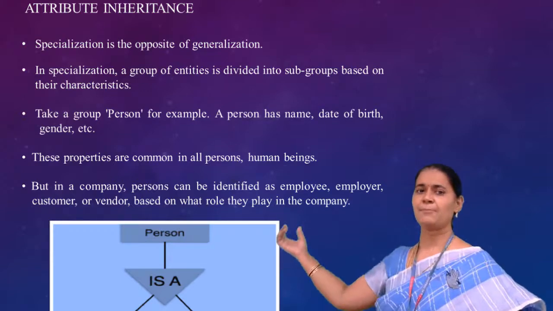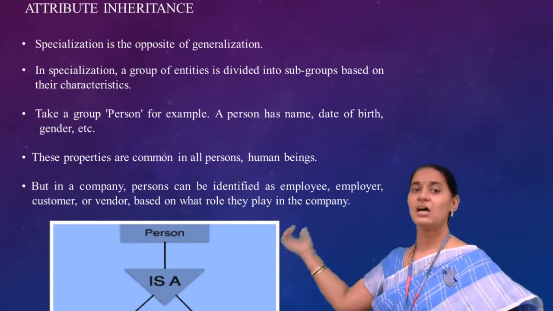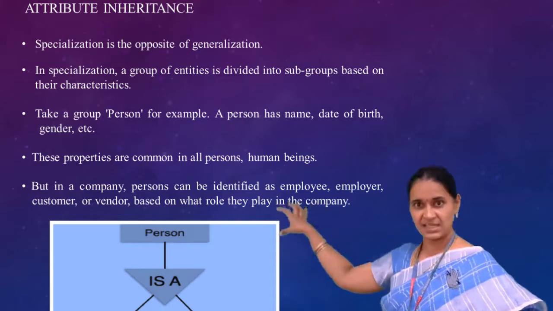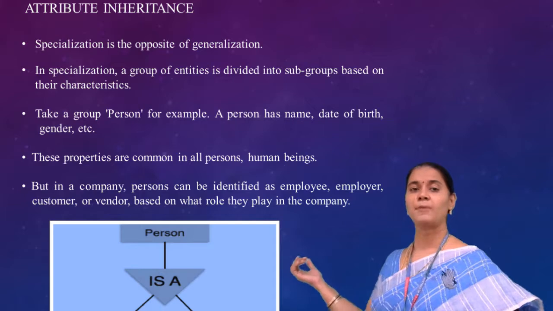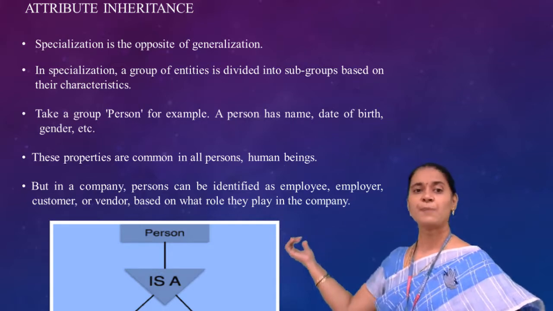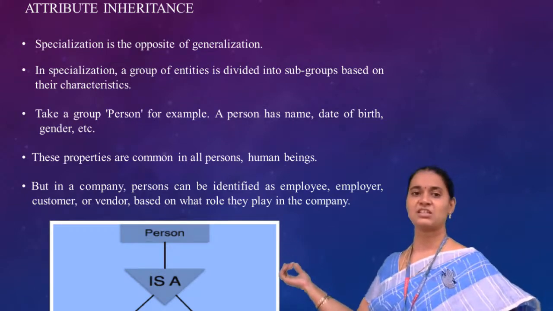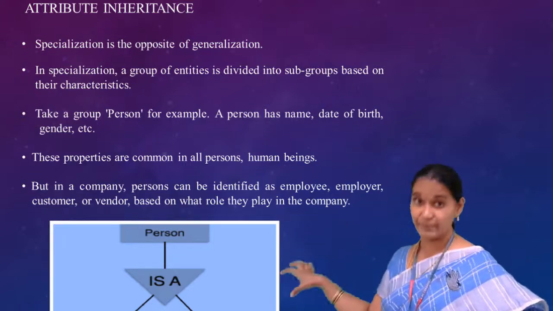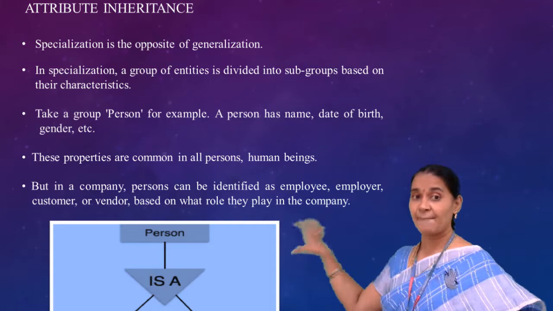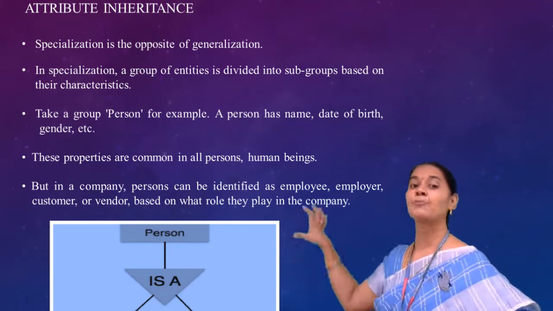For example, take an example group called person. A person can have name, date of birth and gender. These are the common properties for every person. These persons can also be called human beings. Now consider a company which has a number of persons.